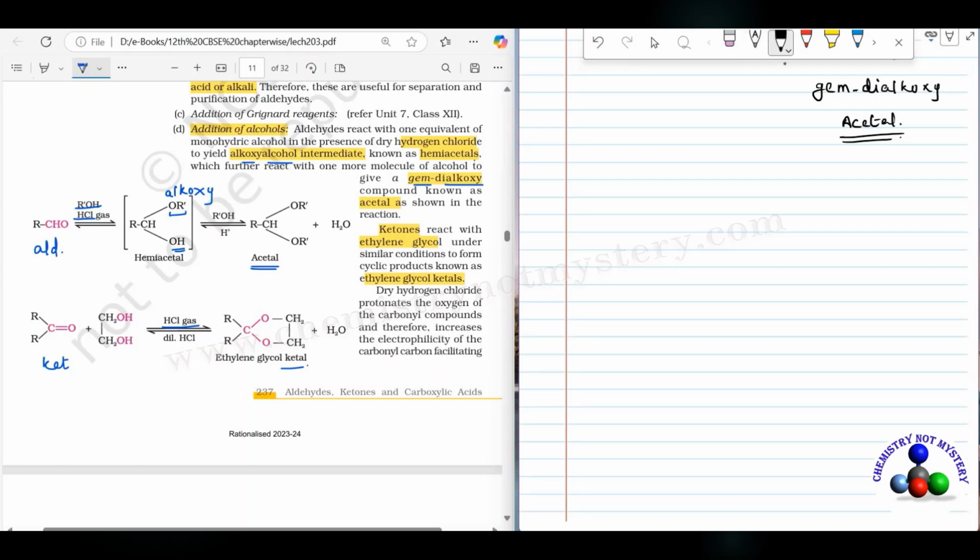So let's draw the ketone molecule. This is the carbonyl carbon and it is bonded on two sides to alkyl groups. In presence of HCl, oxygen gets protonated. So here you will get C double bond OH. As this oxygen donated a pair of electrons to H plus, it will develop positive charge.